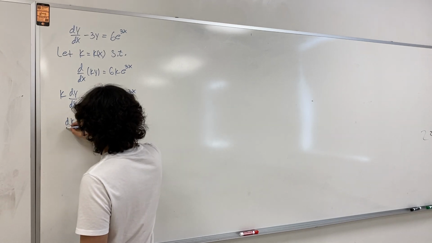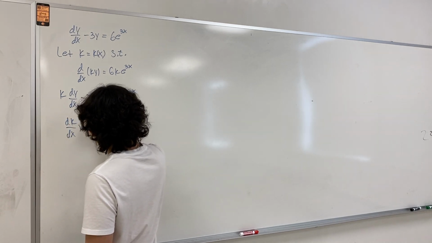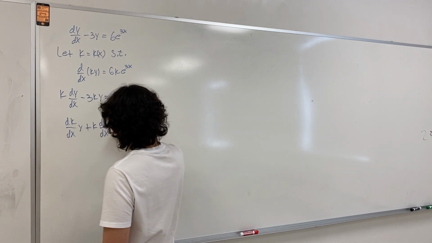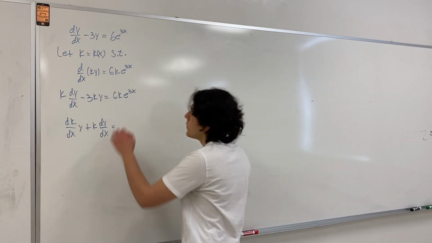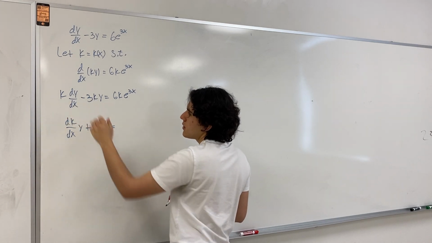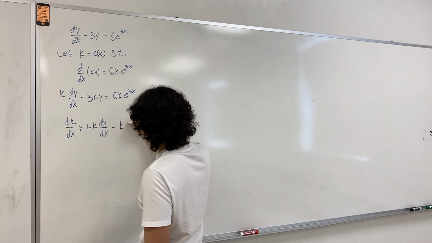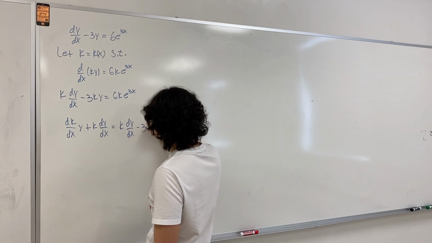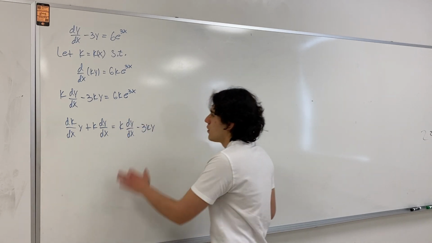So we have dk dx times y plus k dy dx. And this is equal to 6k e to 3x, which also happens to be equal to this. So we're going to say k dy dx minus 3k times y. So this is what we have now.